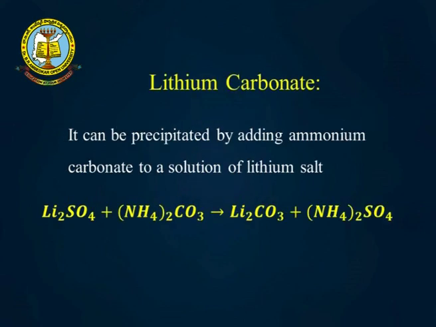Next, lithium carbonate. The next compound of lithium is lithium carbonate. It can be prepared from lithium sulphate. Lithium sulphate, when treated with ammonium carbonate, forms lithium carbonate, and ammonium sulphate is a byproduct in this reaction.